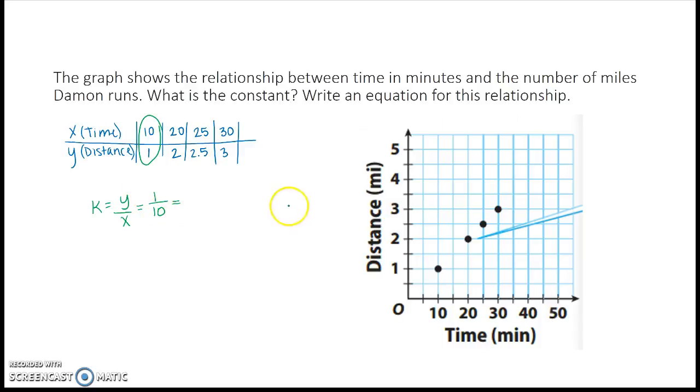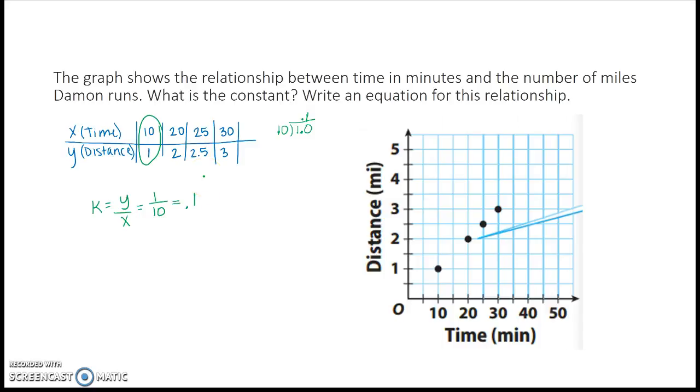Okay, so 1 over 10. If you don't know what that is as a decimal, you can just do top in, bottom out. So 10 does not go into 1, so I put a decimal, and now I have 10. So 10 goes into 10 one time. So it's 0.1. So he can run 1/10 of a mile in 1 minute. Okay?